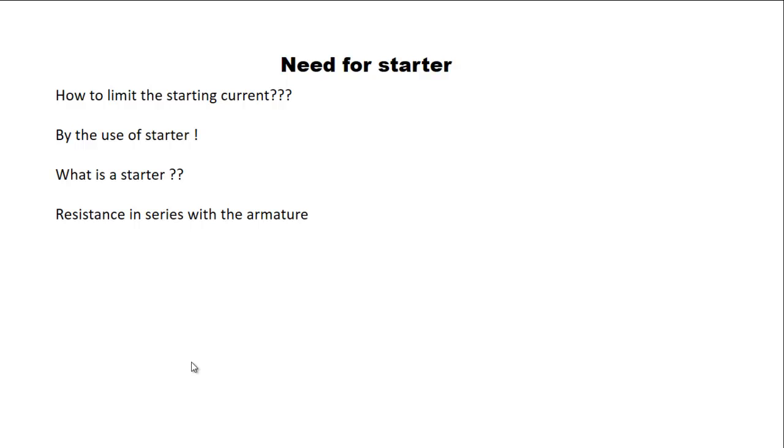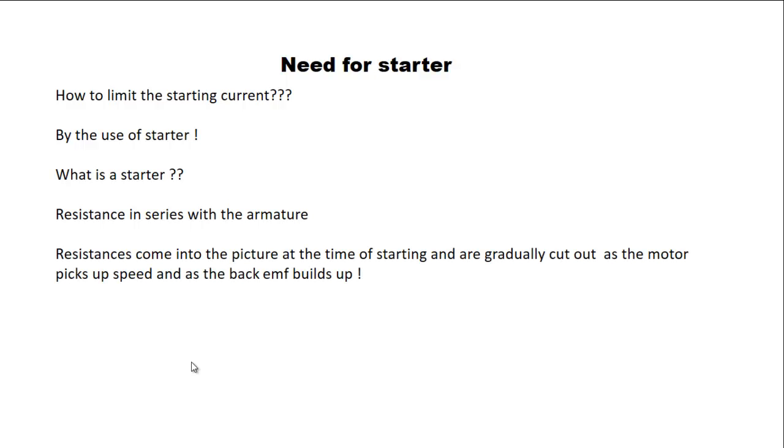In the previous slide we have seen at the time of starting 110 amps of current is going to flow into the armature. So by some means we need to reduce the amount of current that is flowing into the armature. The possible way is using resistance in series with the armature. So starter is nothing but resistance connected in series with the armature.